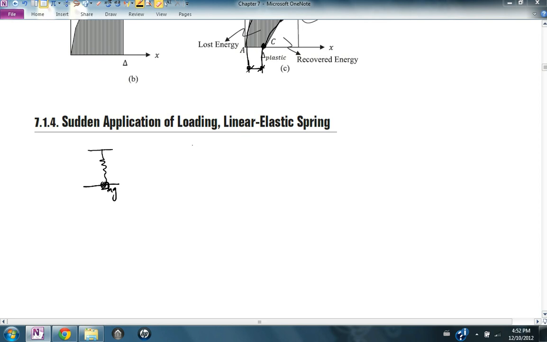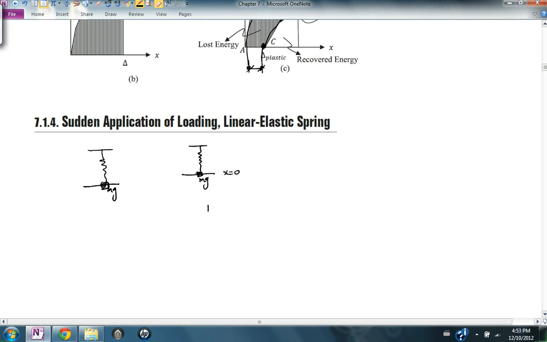However, if I apply the load, or the mg, on the spring that's resting at x equals 0, and I apply the force in a sudden way, then in order to find the position of the spring, I need to solve a differential equation that looks like this.